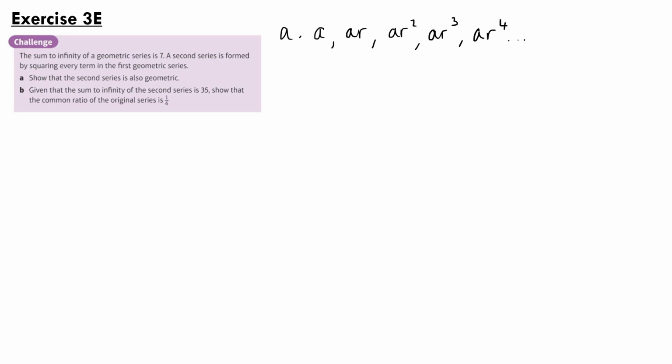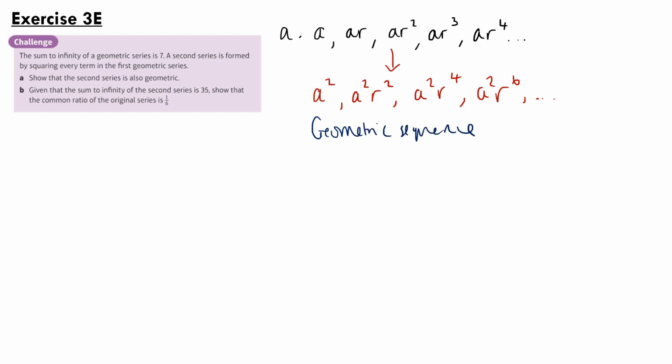Then, when we square each of these terms, we're going to have, first of all, a squared, then a squared r squared, then a squared r to the power 4, a squared r to the power 6, and so on. And we can see that this also forms a geometric sequence, with first term a squared and a common ratio of r squared.